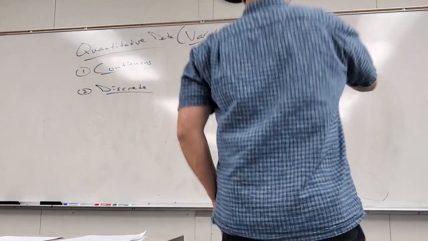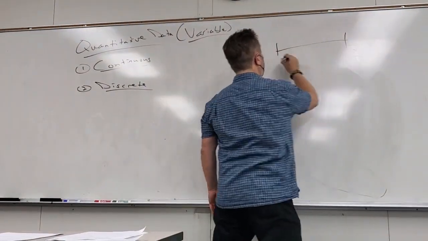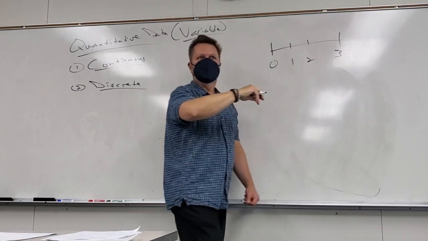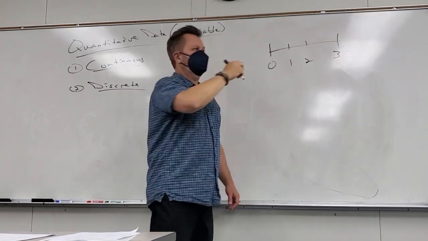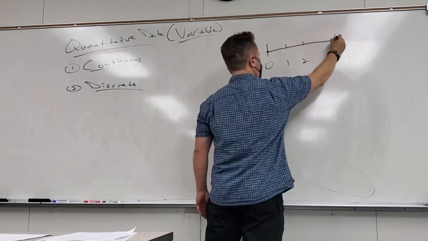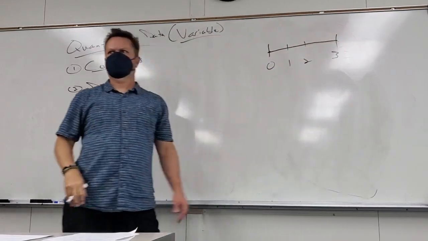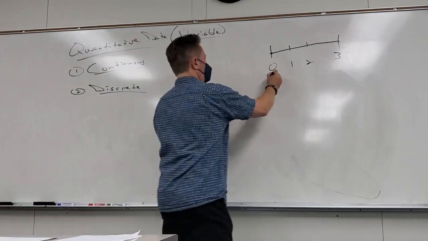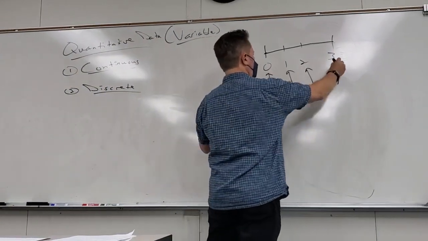So for example, on a number line, you have 0, 1, 2, 3, right? Continuous would mean every number between 0 and 3 is possible. Discrete would mean only certain numbers are possible.